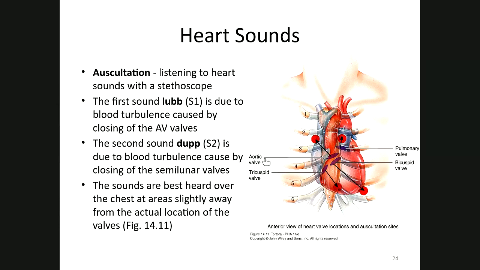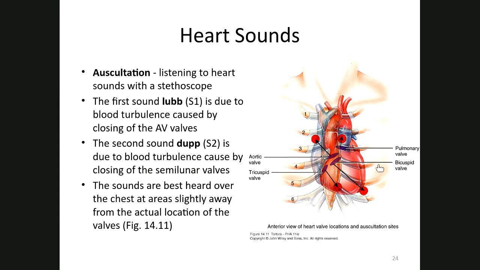The AV valve, even though it's located right in this region, we tend to listen to it in between the second and third costal cartilage region. The tricuspid valve is located a little medial to the fifth intercostal region, but we listen to this a little more on the left along the sixth costal region.